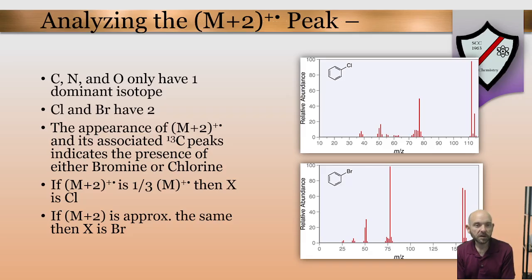So now we're going to take a look at what we interpret when we look down at the large, massive group at the very end of the spectrum and see not only an M+1 peak, but also an M+2 peak. And this is the pattern that we see.